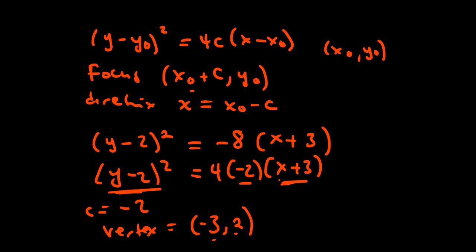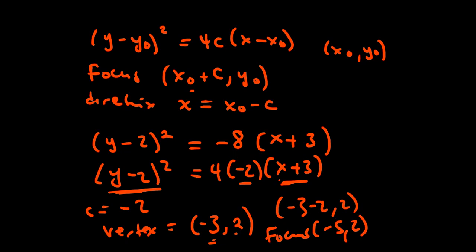Now this is the vertex. Let us look at the focus. For the focus, you add your x naught, which is negative 3, plus c. Our c is negative 2, so that would be negative 3 plus negative 2, comma 2. So our focus is negative 5, comma 2.